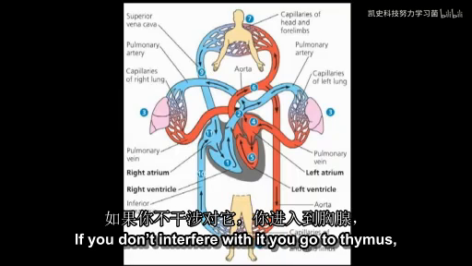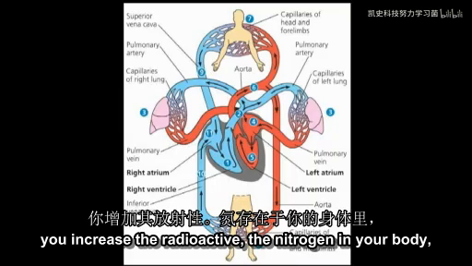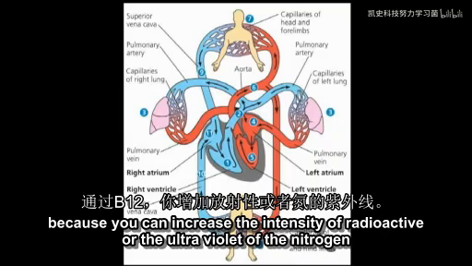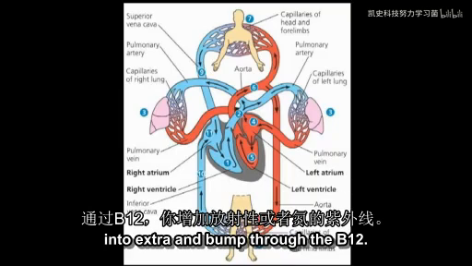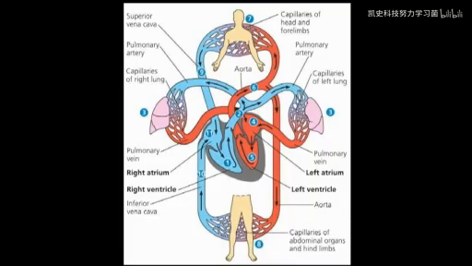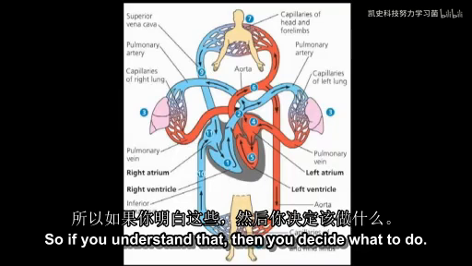If you cannot interfere with it, then you go to the thymus. You increase the radiation which sits with the nitrogen in your body, because you can increase the intensity of the radioactive or extreme ultraviolet of the nitrogen into X-ray and above through the B12, through cesium. If you understand that, then you decide what to do.